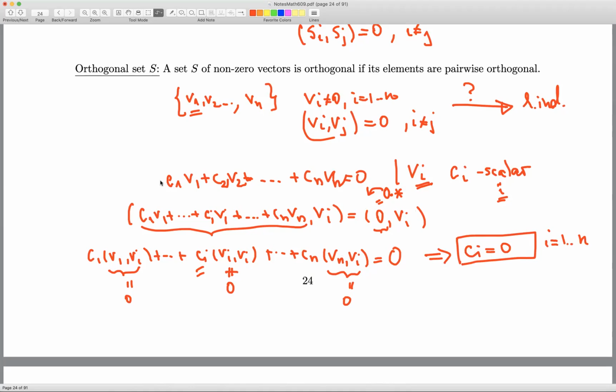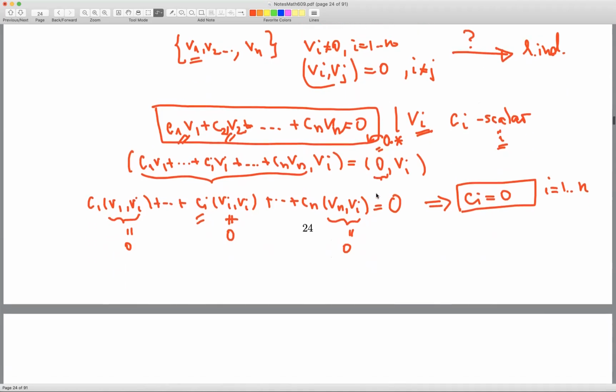And thus we showed that if a linear combination of the vectors from the orthogonal set is equal to 0, then all the scalars in this linear combination must be 0, and therefore the orthogonal set is a set of linearly independent vectors.